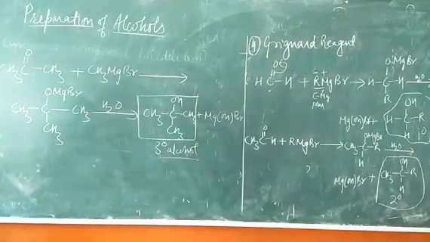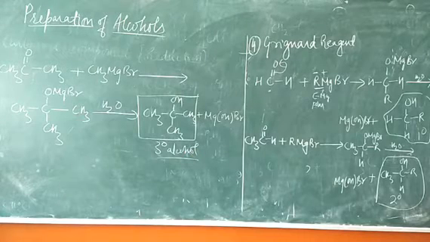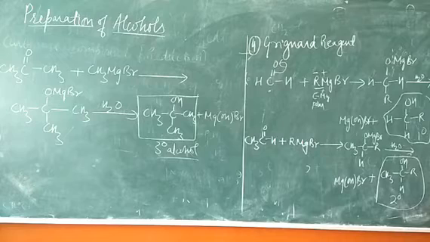So when we use formaldehyde, we get a primary alcohol; when we use an aldehyde other than formaldehyde, a secondary alcohol is formed; and when we use a ketone, we can prepare a tertiary alcohol.